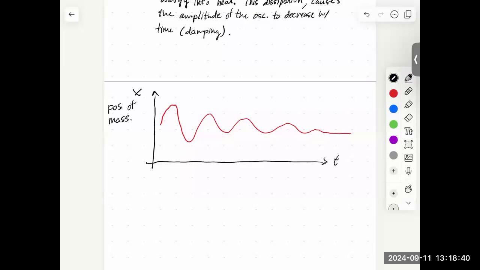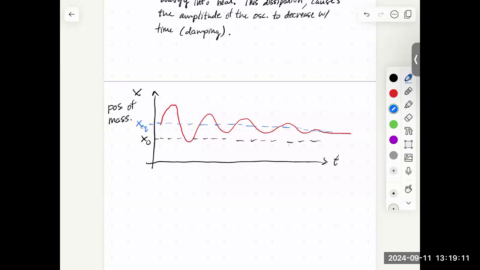If x0 is the unstretched length, then what we'll have is some equilibrium that is somewhere away from that unstretched length. Okay, so x0 might be sitting somewhere around here. And up here we would say we have some new equilibrium, x equilibrium.